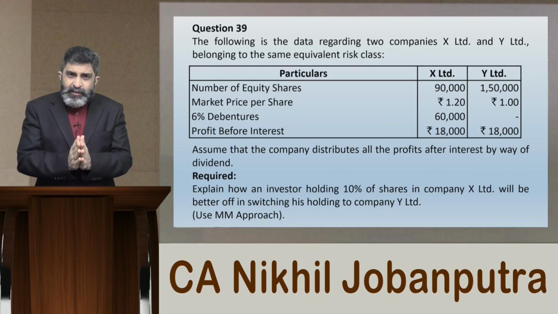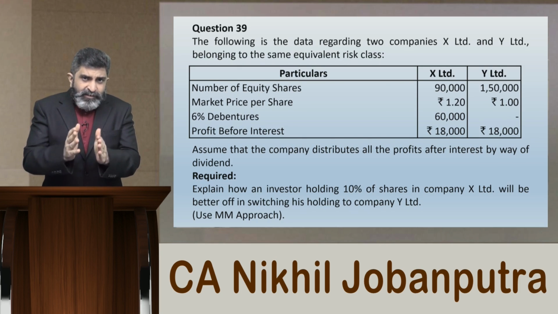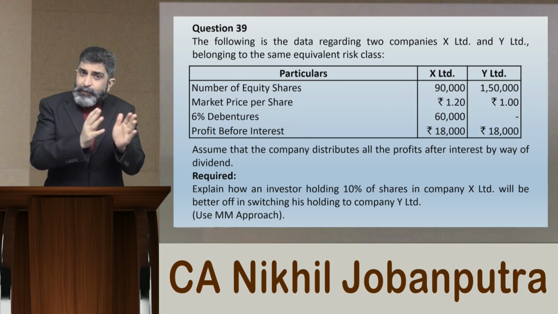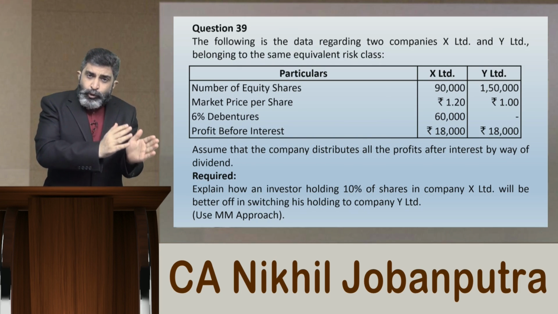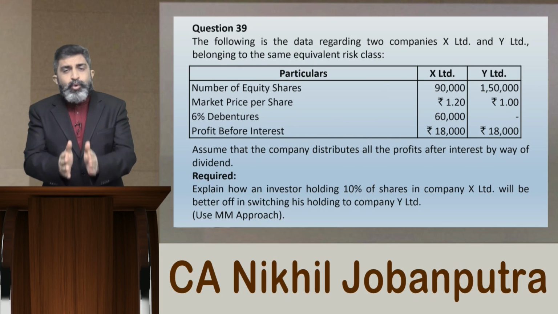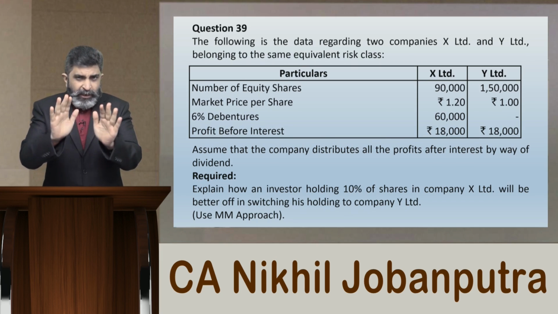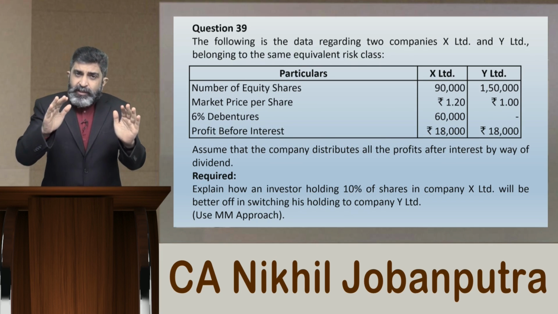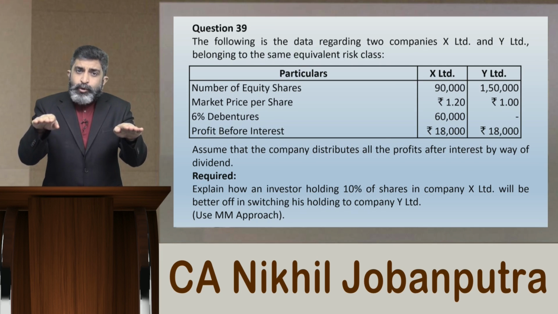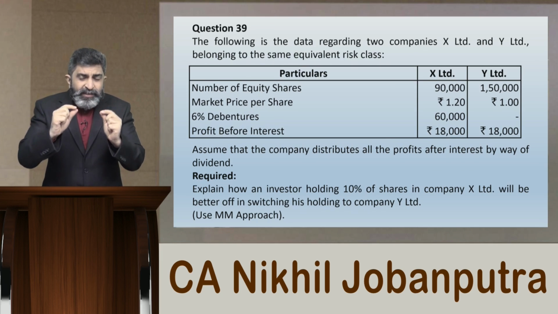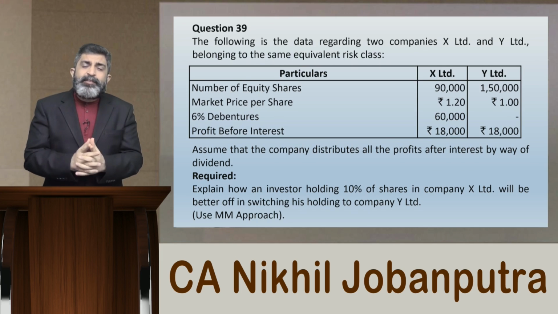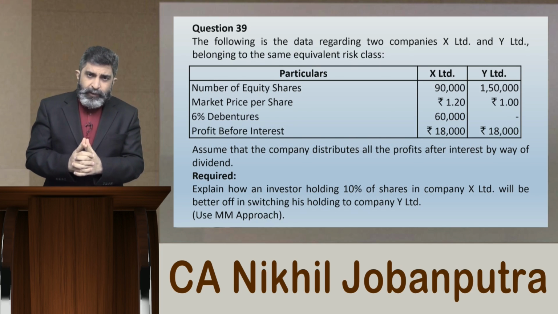Now what happens when there is an investor who is a shareholder in a levered company, is willing to switch his investment to unlevered company? You need to be a little careful, because direct comparison of the two will not work. There has to be certain adjustment. That is what is explained by MM's arbitrage model.